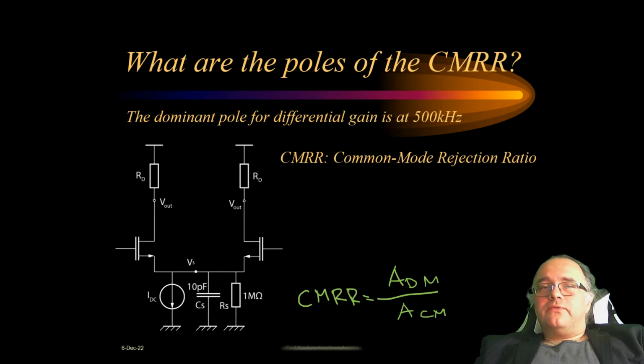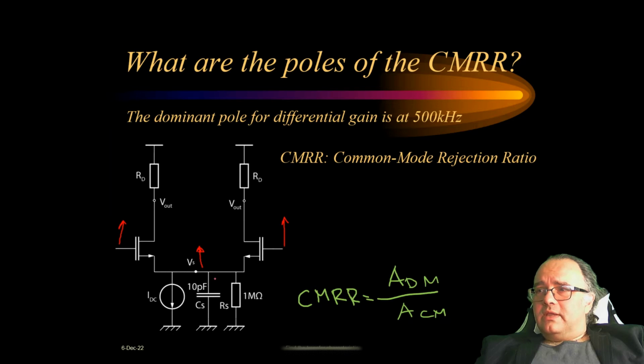Of course, for common mode signals, the circuit operates differently. Now imagine this goes up, and then this goes up also by exactly the same amount. This node is in between, and this will go up also.